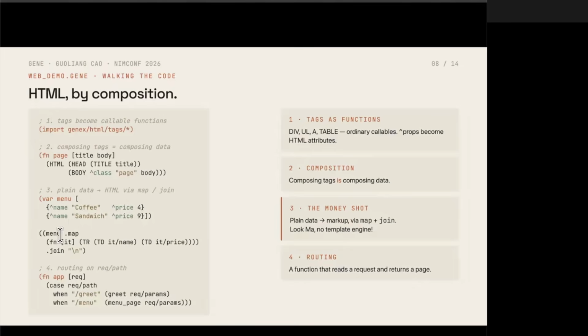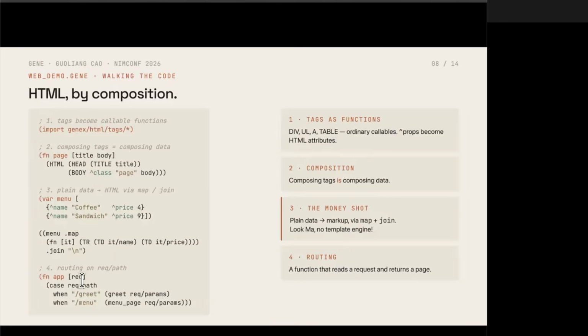We can map that menu into HTML. Here we map them to table rows, and inside table rows, we have cells. So we have two cells in each row, one is name and one is price. And at the end, we join the rows into a long string that will be passed to a page.